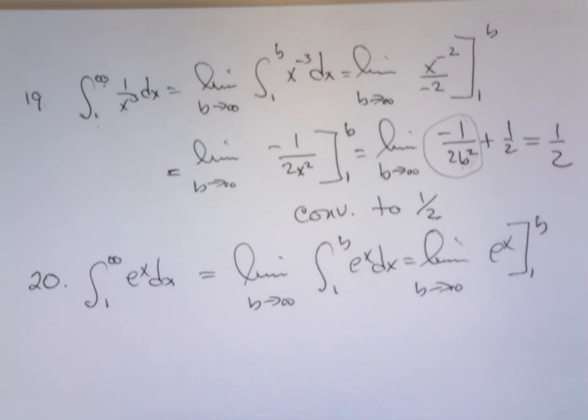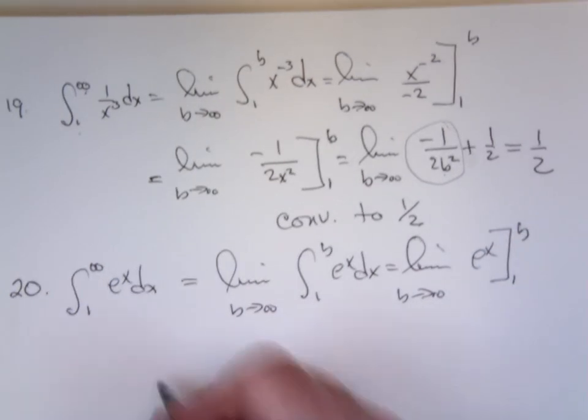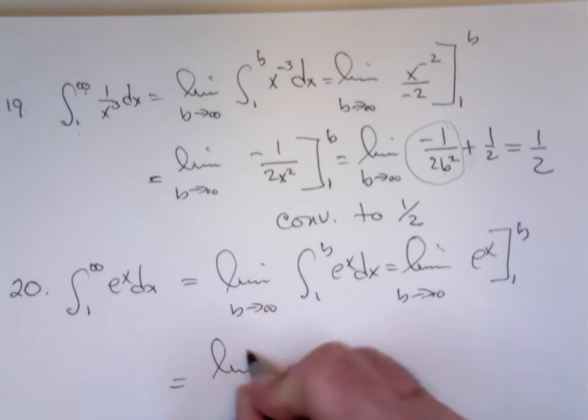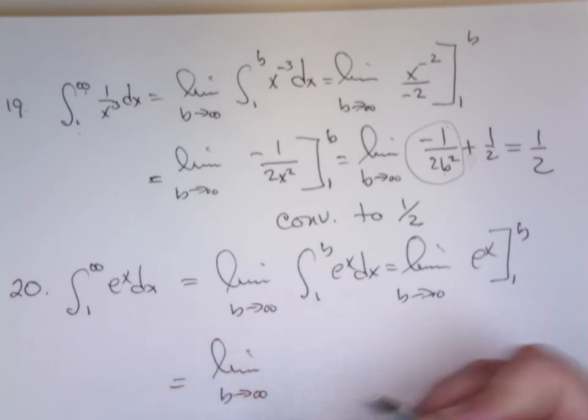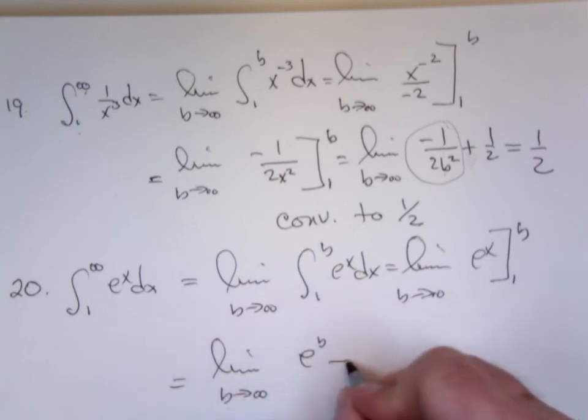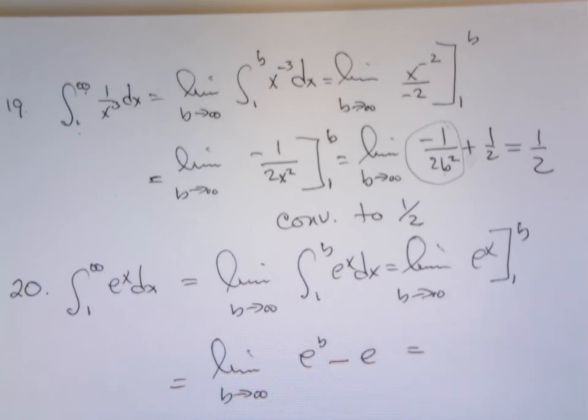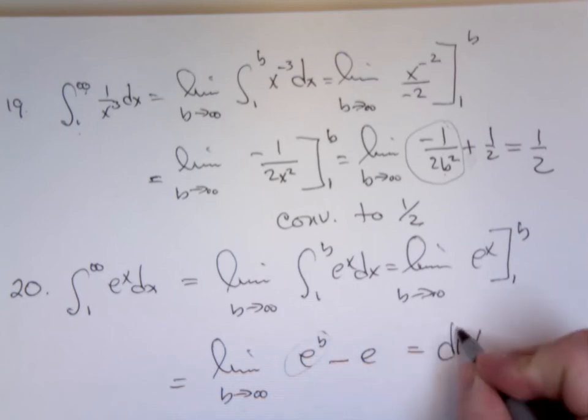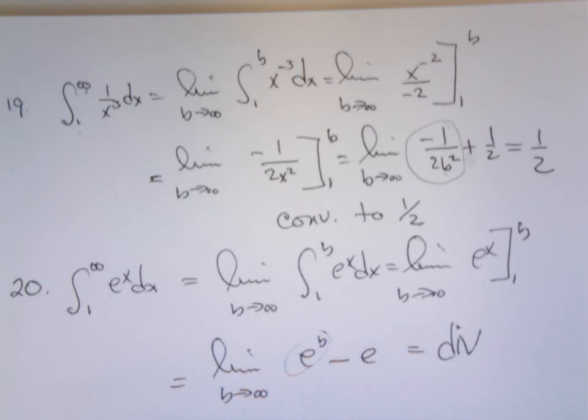That's equal to the limit as b goes to infinity of e to the b minus e. As b goes to infinity, e to the b goes to infinity. This diverges. As that exponent increases without bound, e to the b will increase without bound.